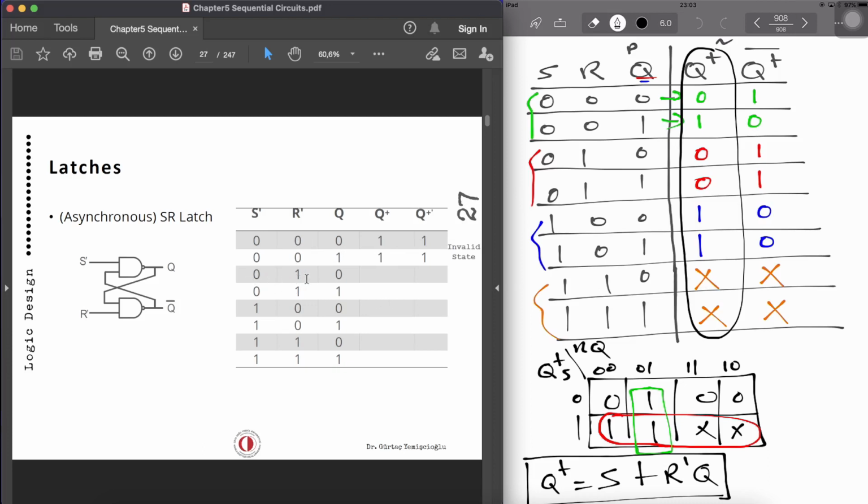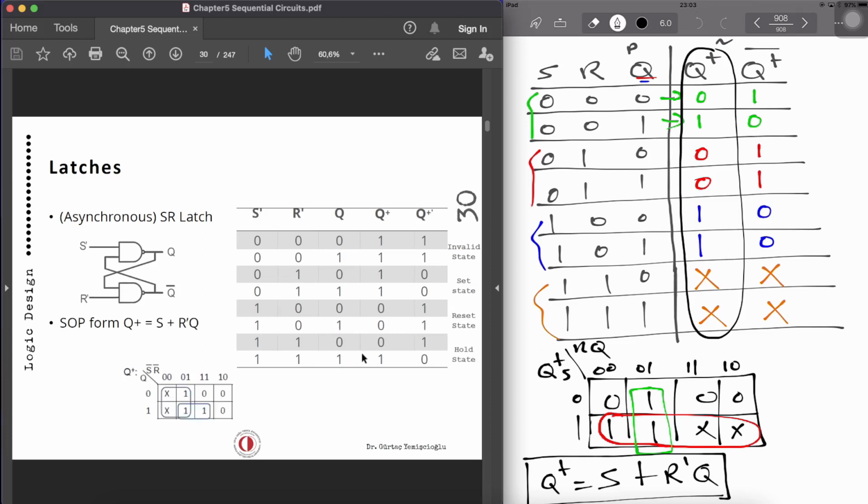And when it is 0, 1, it's not reset now, it's a set state. And 1, 0 is a reset state when you're using NAND gates, and 1, 1 is going to be the hold state. This is the NAND implementation, the same approach, only the polarities are changing, and we are getting active low outputs.